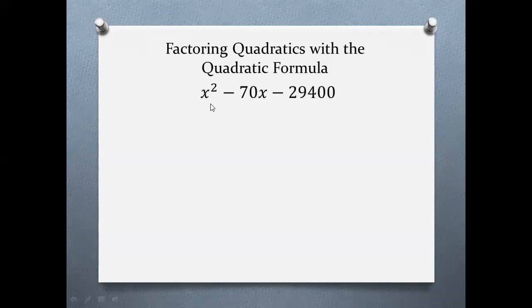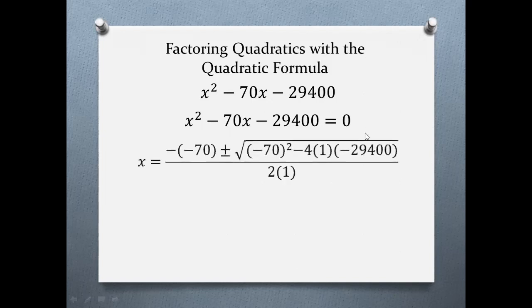Suppose we have this particular quadratic expression, x squared minus 70x minus 29,400. To use this particular method, we would first set the expression equal to 0. Then we would use the quadratic formula to solve that equation.